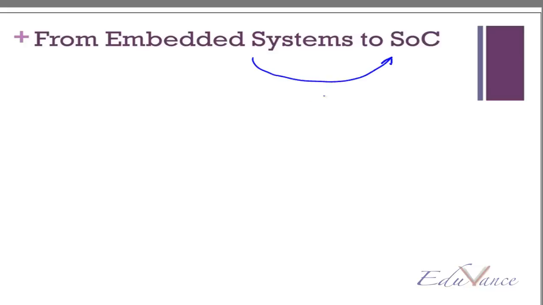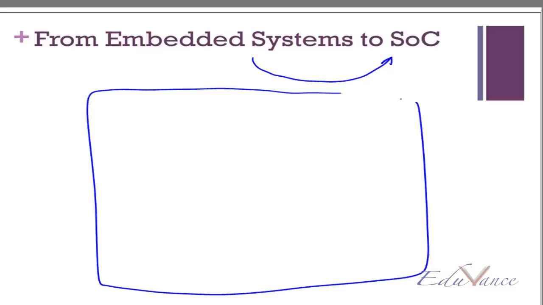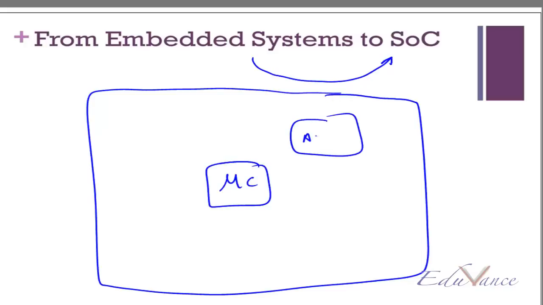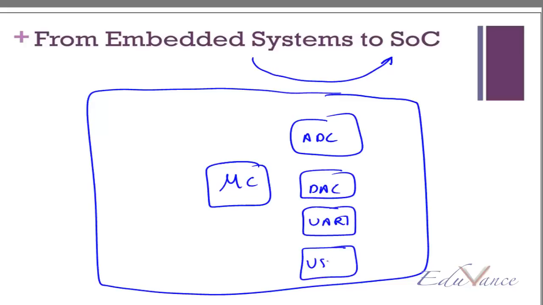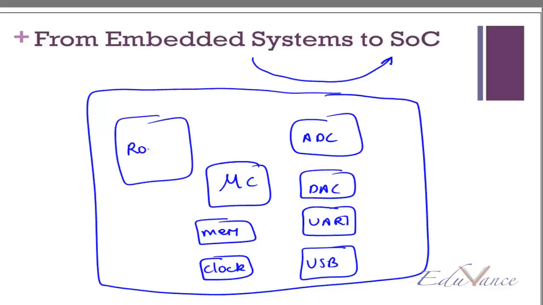So typically in an SoC, you would have your microcontroller, you would have your interfacing ICs, so you have ADCs, DACs, you have a UART, you have USB, you have the memory, you have clock, then you have a routing component, and there are many other components. This is typically a part of your SoC.